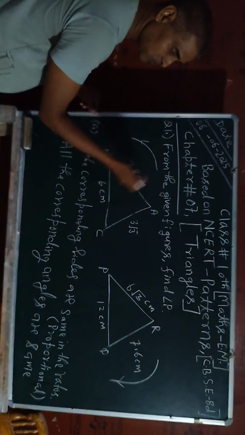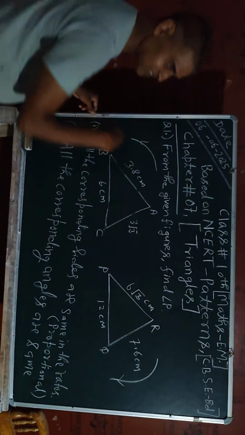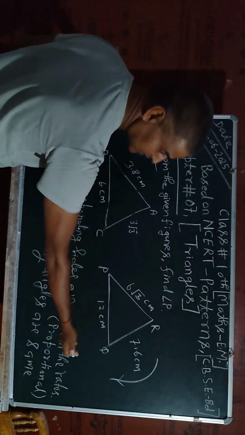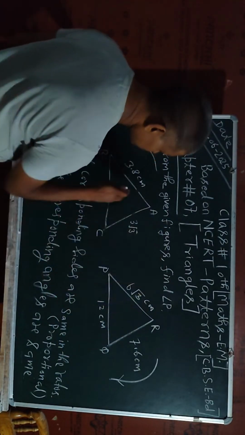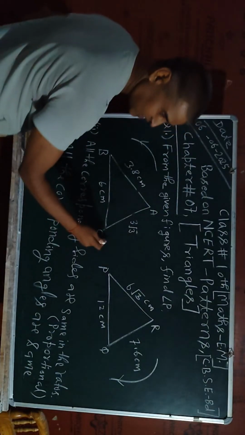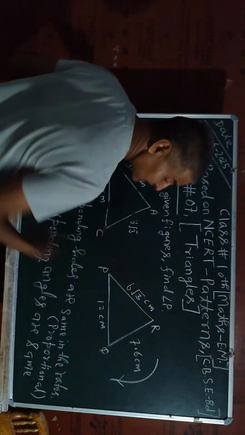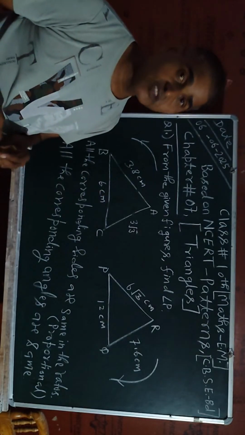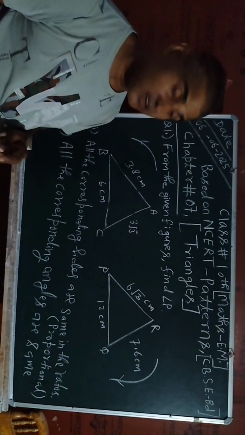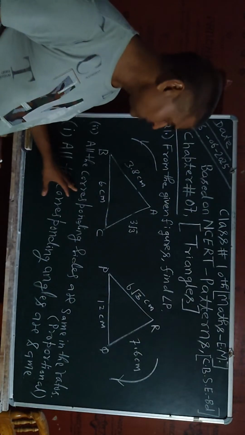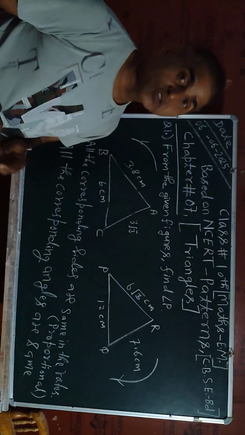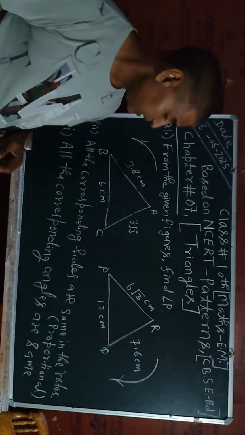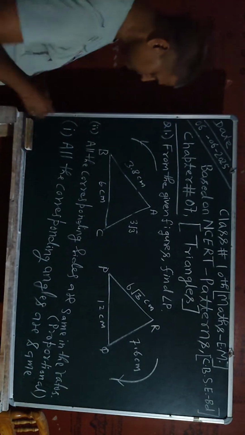In one figure you consider the anti-clockwise direction and in the second figure the clockwise direction. Here in the first figure you consider clockwise and in the second figure anti-clockwise. You have to follow this direction, otherwise your answer will be wrong. Okay, students, these two conditions and this information we have to learn very clearly for getting the right solution.